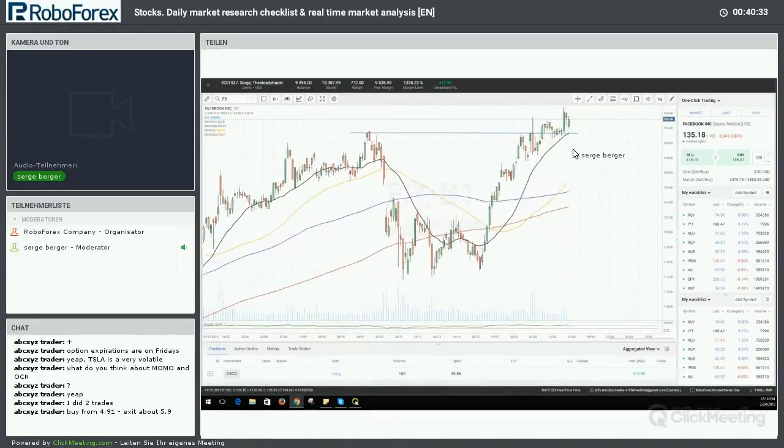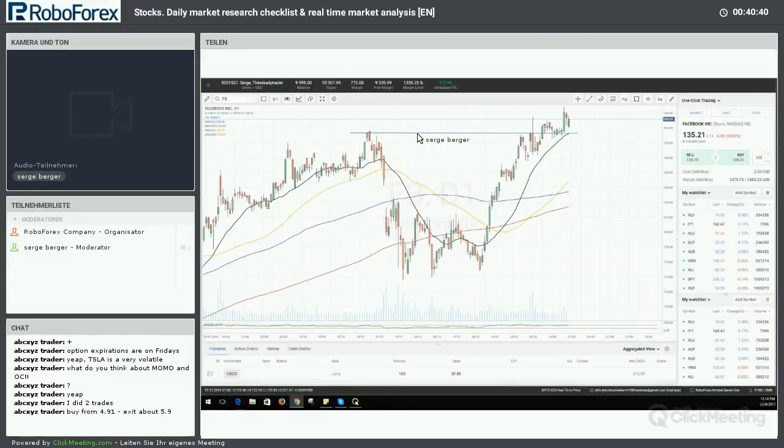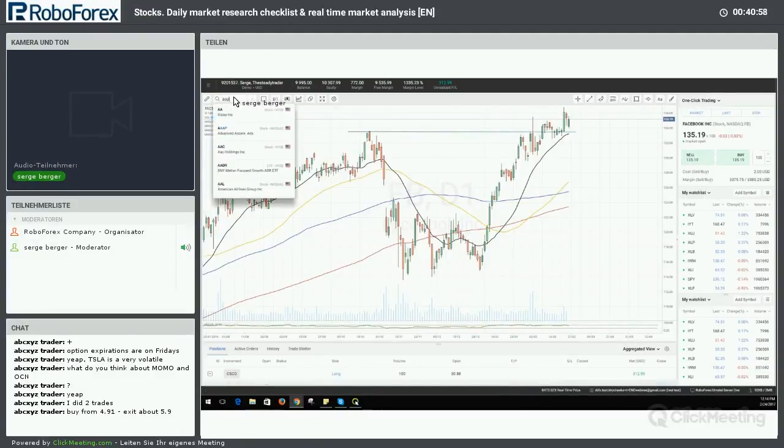I said, listen, it looks to me like the stock could start breaking out, and it actually did end up doing so early this week. But now the stock is kind of consolidating, so it's still holding above support, and that's okay, but it hasn't really followed through to the upside. Same thing for Amazon.com.